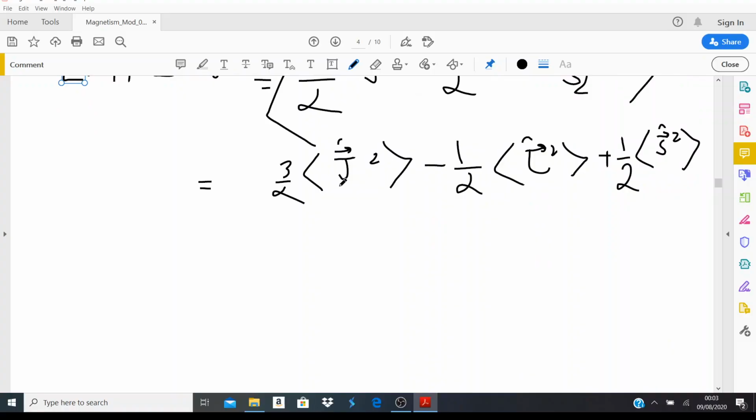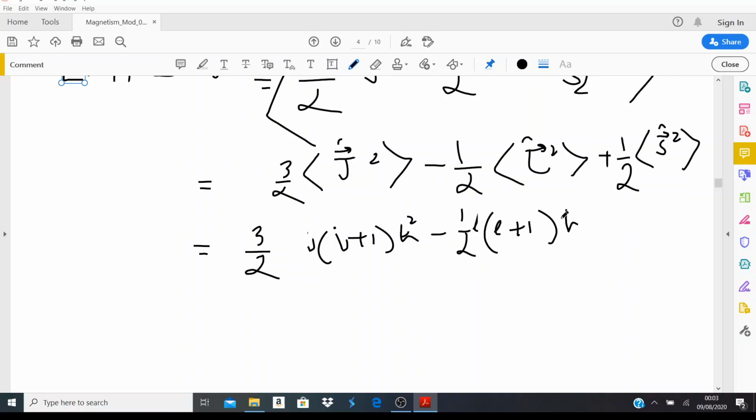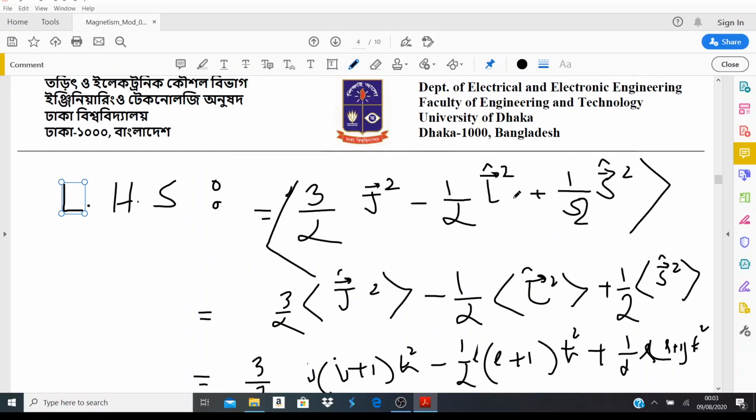And if you remember from the previous lecture, what's this expectation value? It's J times J plus 1 h bar square. What's this? That's L times L plus 1 h bar square. And what is this? Half S times S plus 1 h bar square. So all these expectation values are known at this moment.